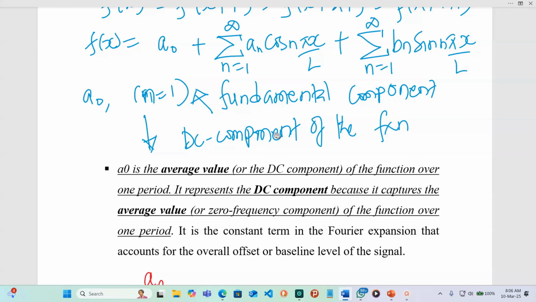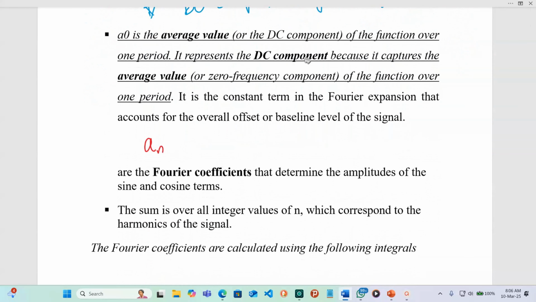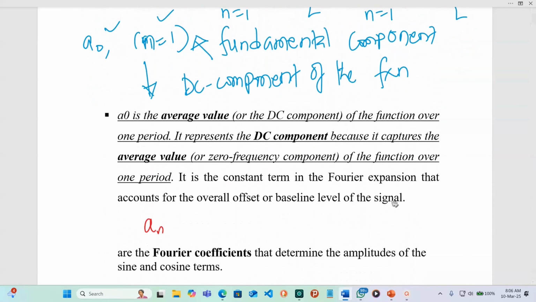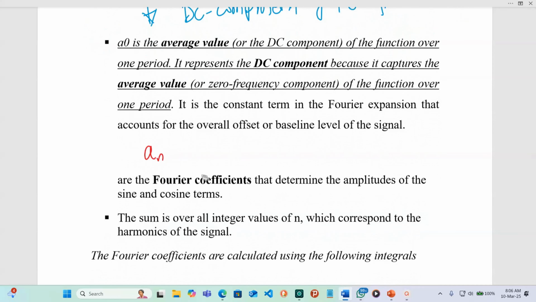The DC component, or the average value of this function over one period, is a naught. So you need to understand that. We are saying that it is a DC component because it captures the average value, or zero frequency component, of the function over one period. It's a constant term in the Fourier expansion that accounts for the overall offset or baseline level of the signal.